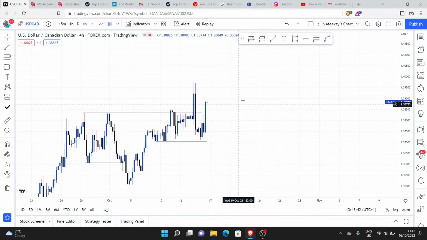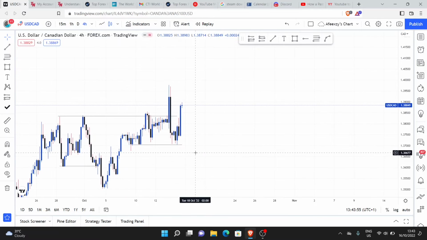So right now on USDCAD, I'm bullish on a 4-hour time frame perspective, and also daily time frame, weekly time frame, and definitely all the lower time frames will be bullish. So right now we should be anticipating more buys on our USDCAD.